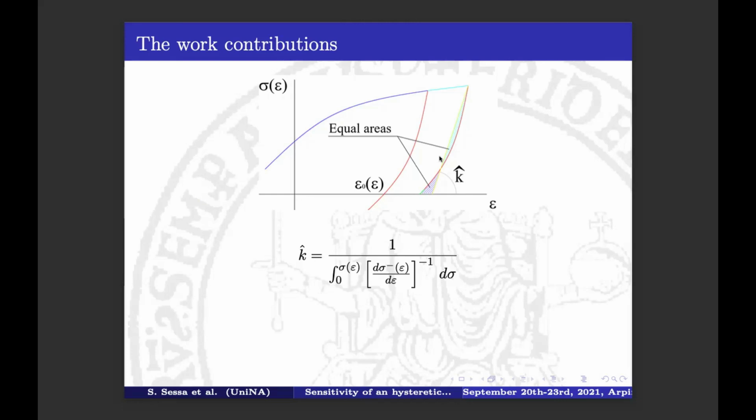When we compute the minimum and the maximum of the stiffness, we do it because we don't know in which part of the equilibrium region we may be.